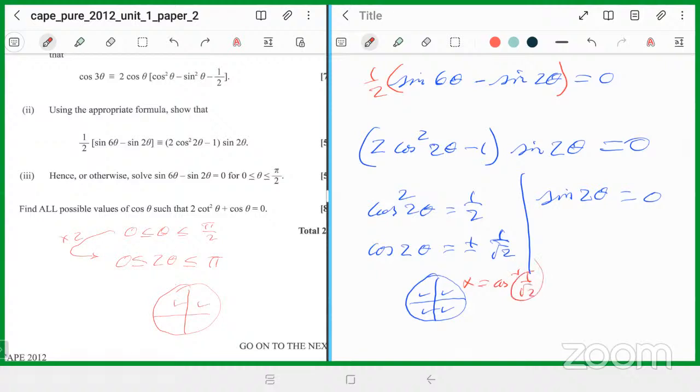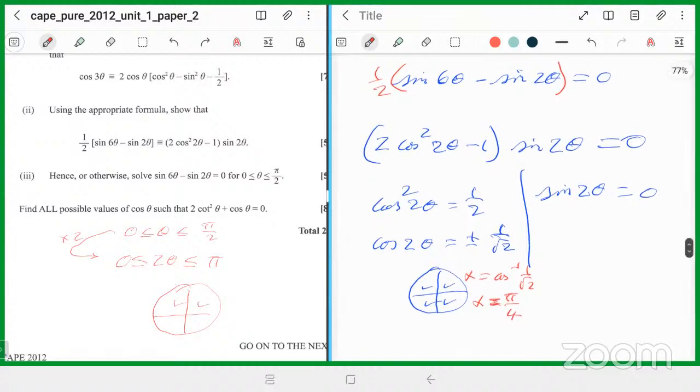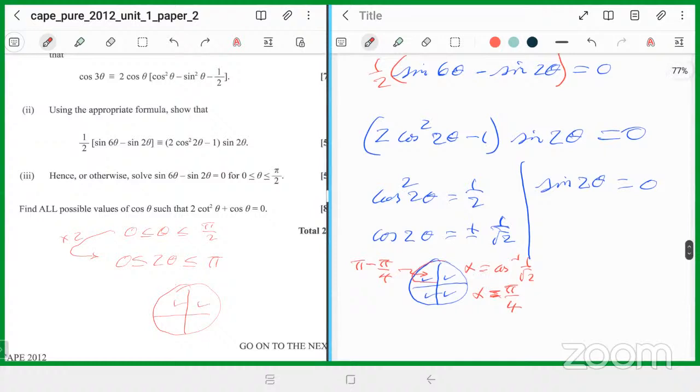This 1 over root 2 is the same as root 2 over 2, which is the value you get from 45 degrees, or pi by 4. So alpha will be pi by 4. A lot of the time you can use a calculator, but you don't need one. So this quadrant over here is pi minus pi by 4. Based on this range, we only need to calculate 2 theta in the first two quadrants up here.